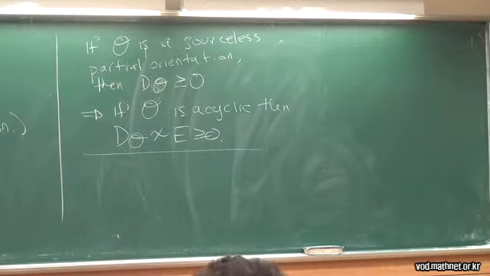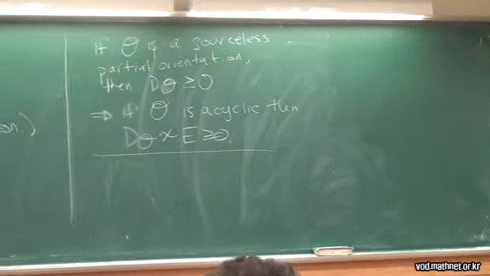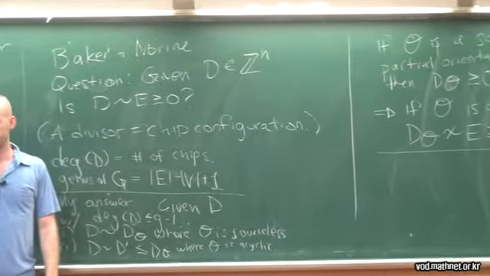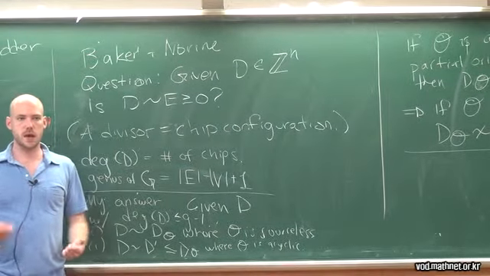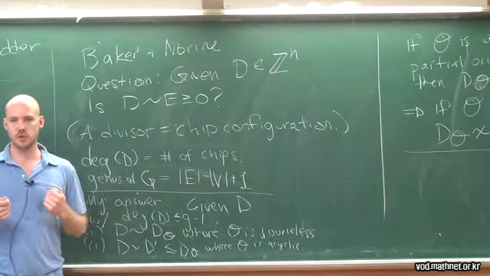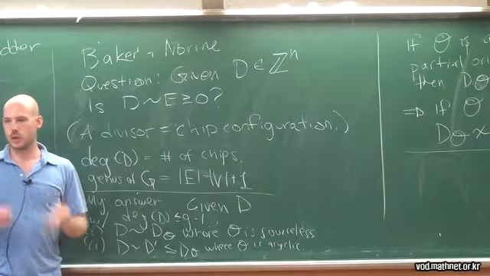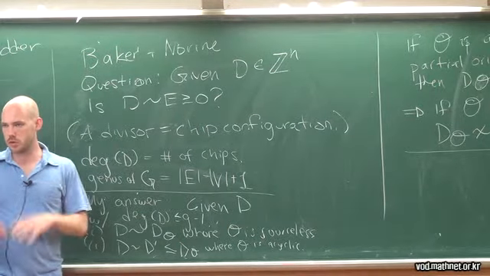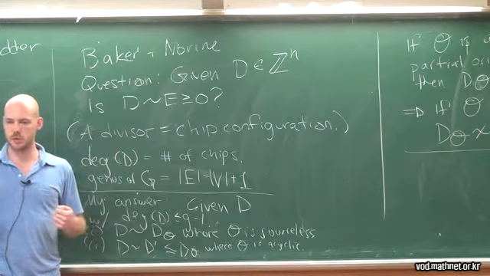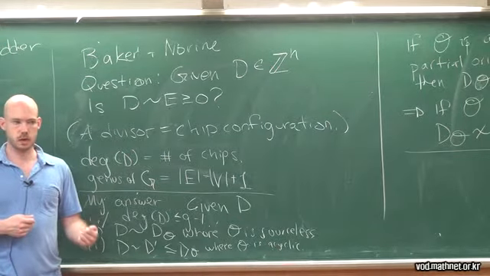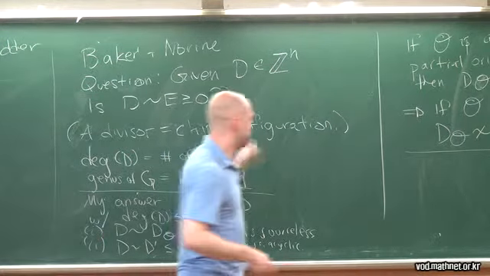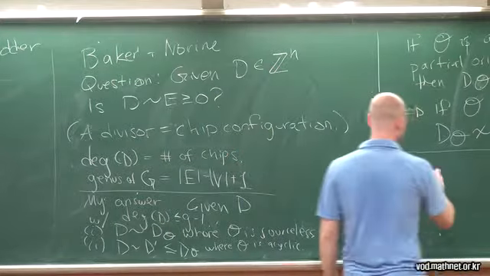Suppose that you are equivalent to some non-negative configuration. You might then ask, how many chips do you need to subtract so that you can't win anymore? So suppose you can win, how many chips do you need to remove cleverly so that you can't win anymore? So they introduced this quantity, they called it the rank of a divisor.